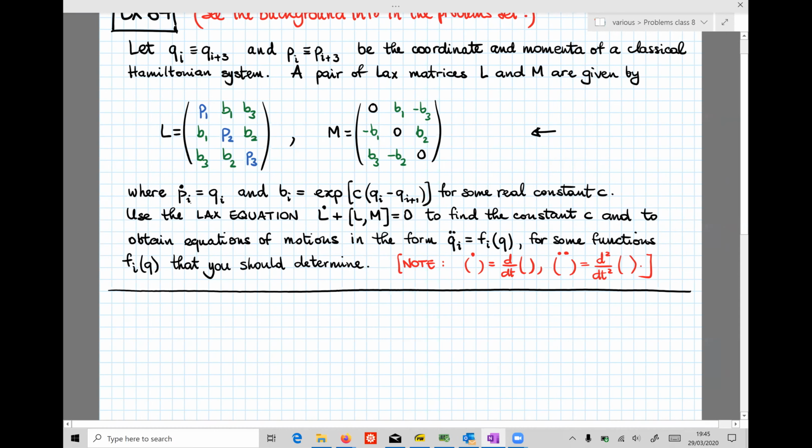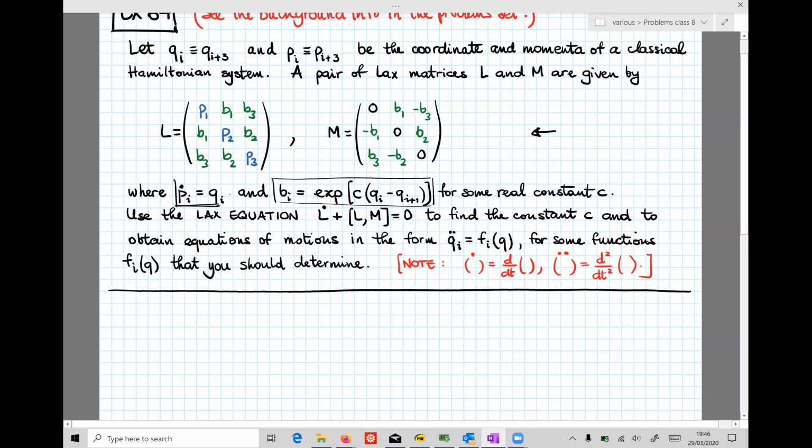And we're told that, as in the case where we would get Newton's equation, P dot i is equal to Qi, the positions, whereas the Bi, which appear both in L and in M, so in both matrices of the Lax pair, are given by exponentials of a constant C times the difference of the coordinates of 2 neighboring particles, Qi minus Qi plus 1, for some real constant C.